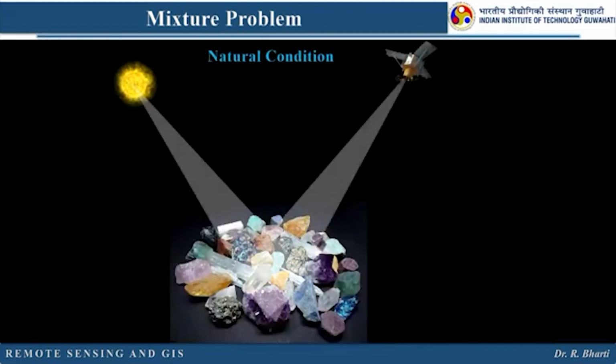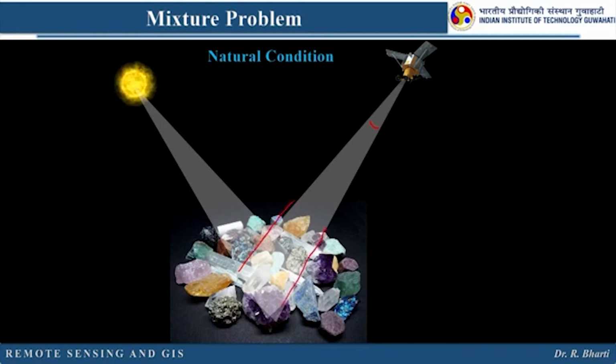But in nature what is happening? In natural condition, even every 10 centimeter, 20 centimeter, 50 centimeter or 1 meter material is changing, right, unless we put the same material in that particular area. So, if we are doing this hyperspectral remote sensing from space, where the single pixel IFOV is covering different types of material here, right.